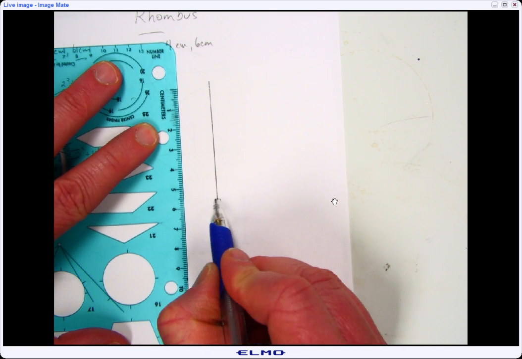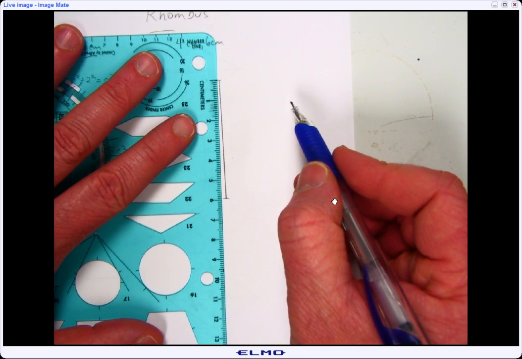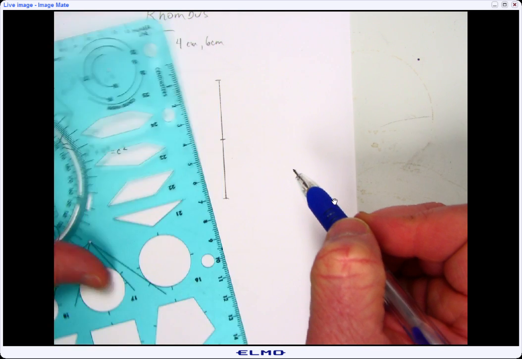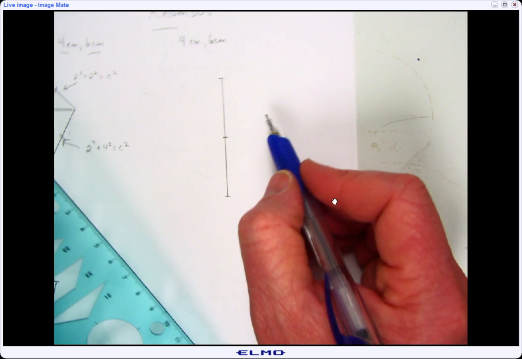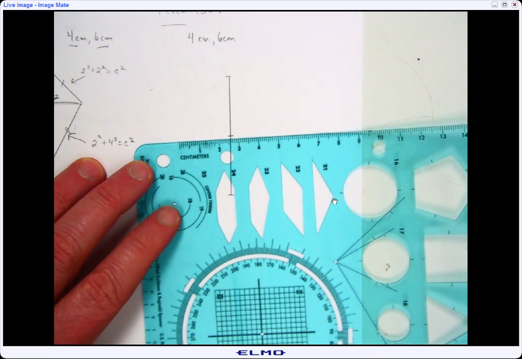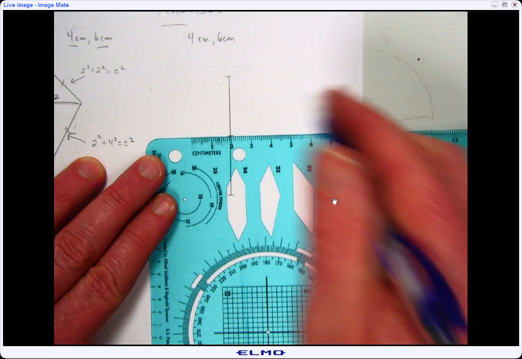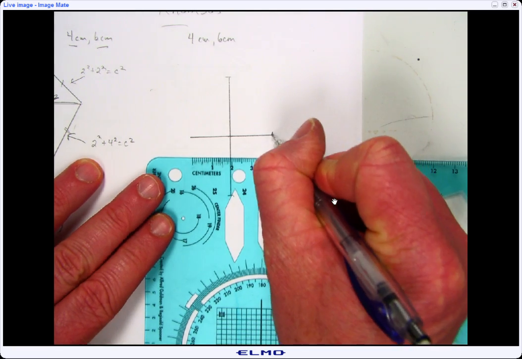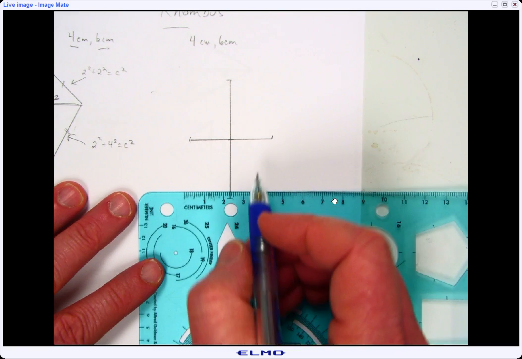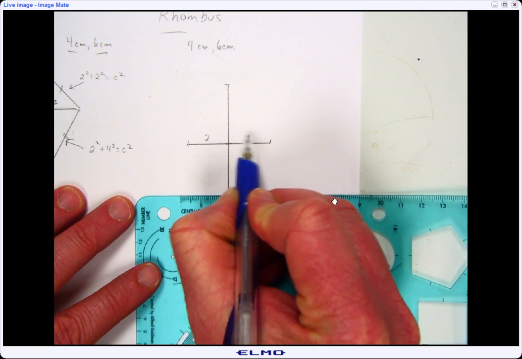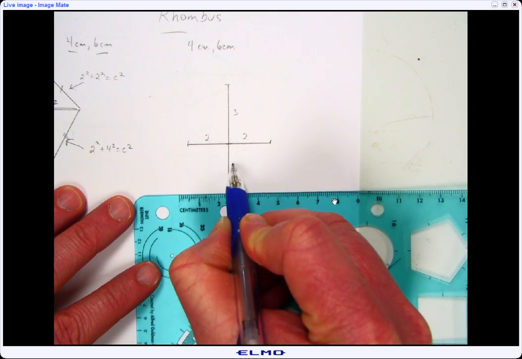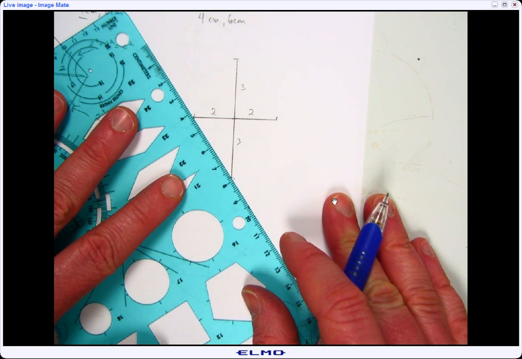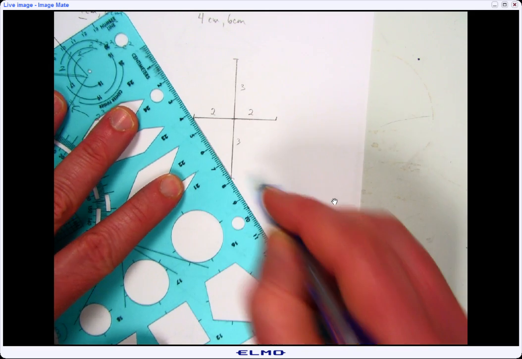So that's 6. A rhombus has diagonals that bisect each other, and they're at right angles. So I'm going to make a mark in the middle at 3, and then make my 4 going this way. And so these are each 2, and these are each 3. When you go to make the hypotenuse, you'll end up with a rhombus.